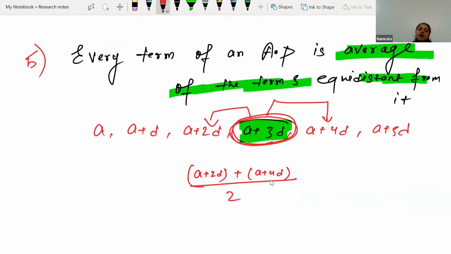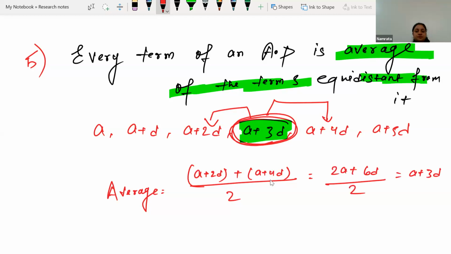This is how we find the average, right? Let's see whether it is the average or not. So 2a plus 6d by 2 is a plus 3d, right? Yes, ma'am. So yes, every term of an AP is the average of the terms equidistant from it.